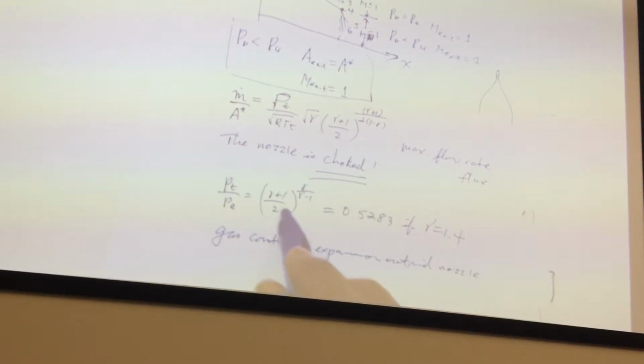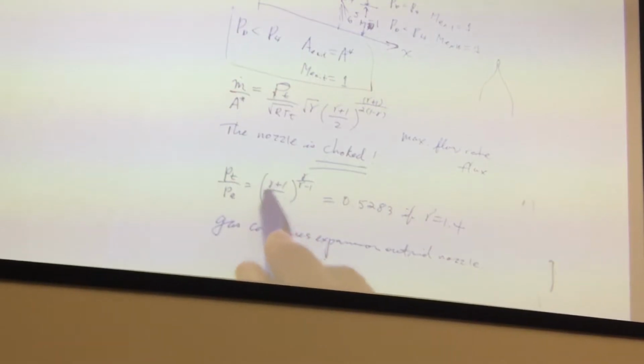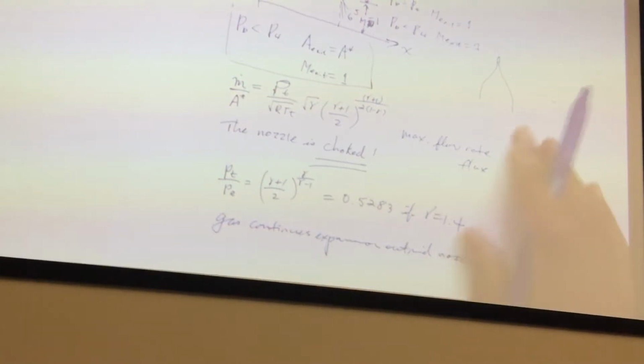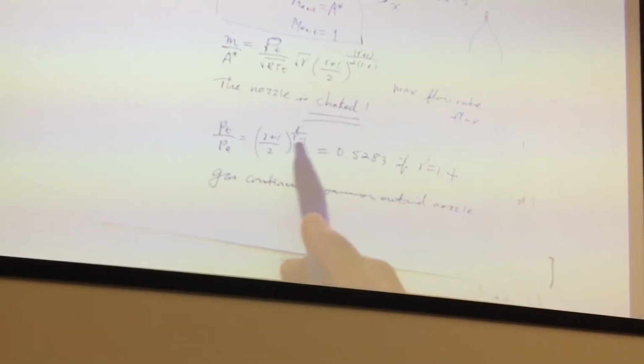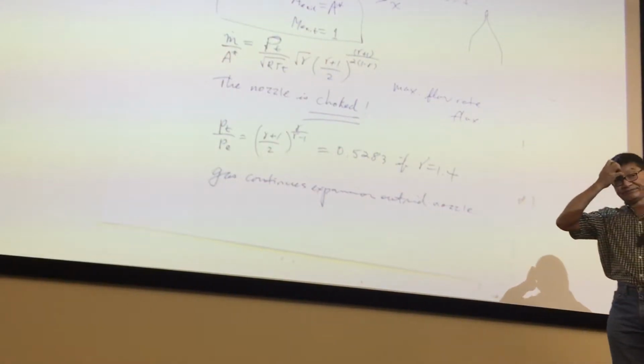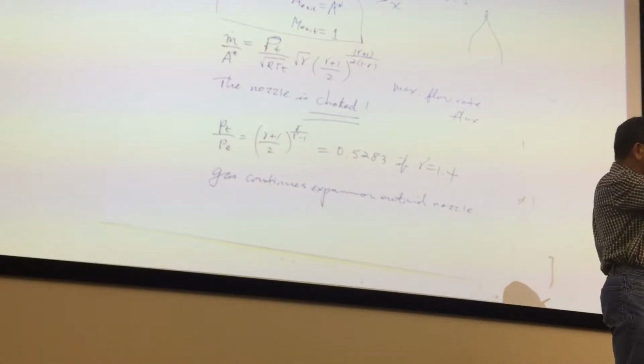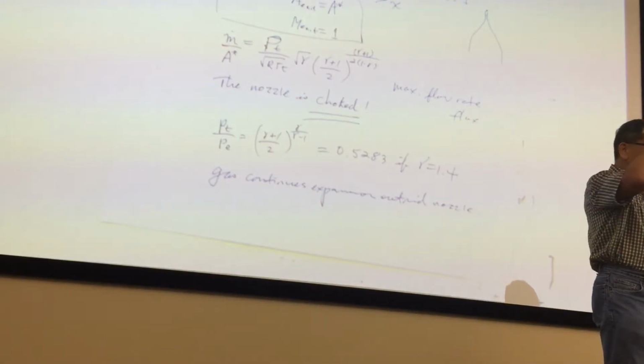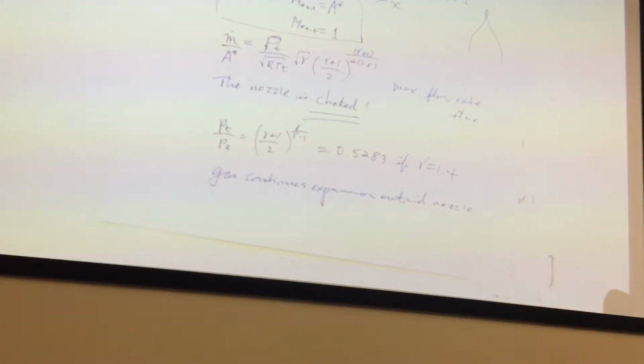The ratio is exactly gamma plus 1 over 2, to the power gamma over gamma minus 1, which is equal to 0.5283 if gamma is equal to 1.4. So that's the pressure ratio that would cause Mach number equal to 1 in the nozzle. Questions about that?